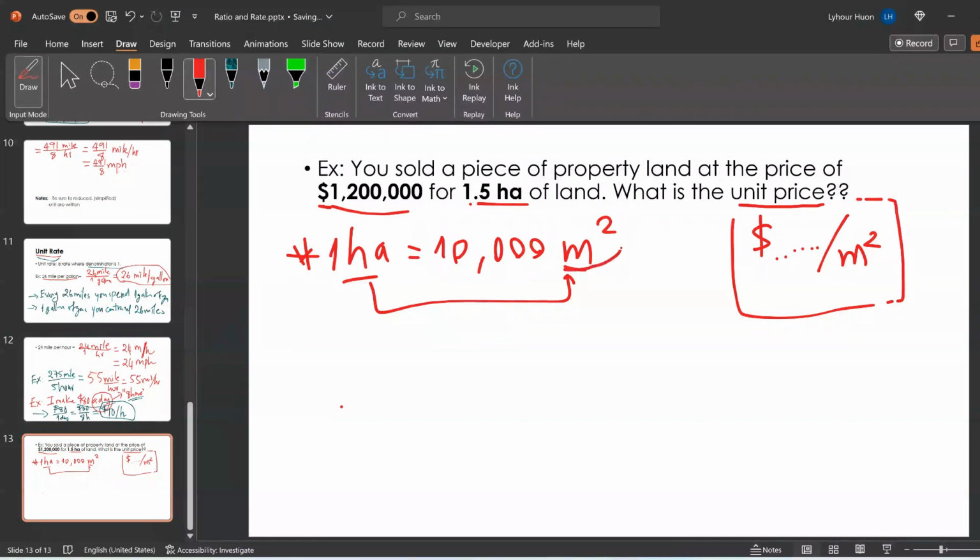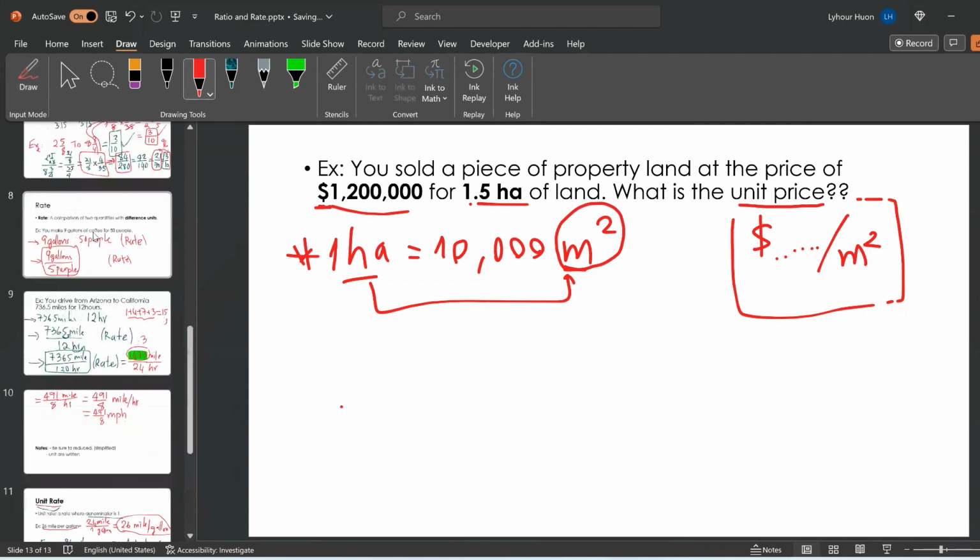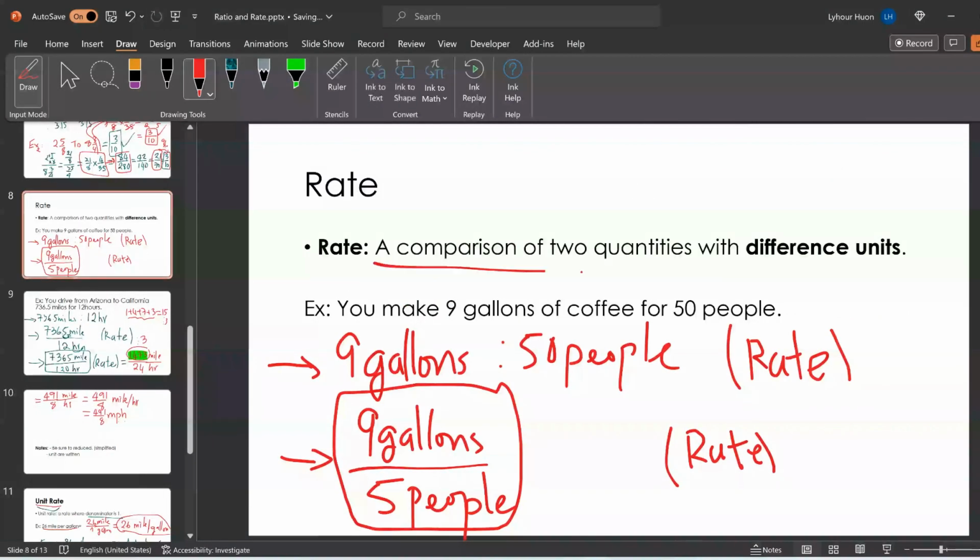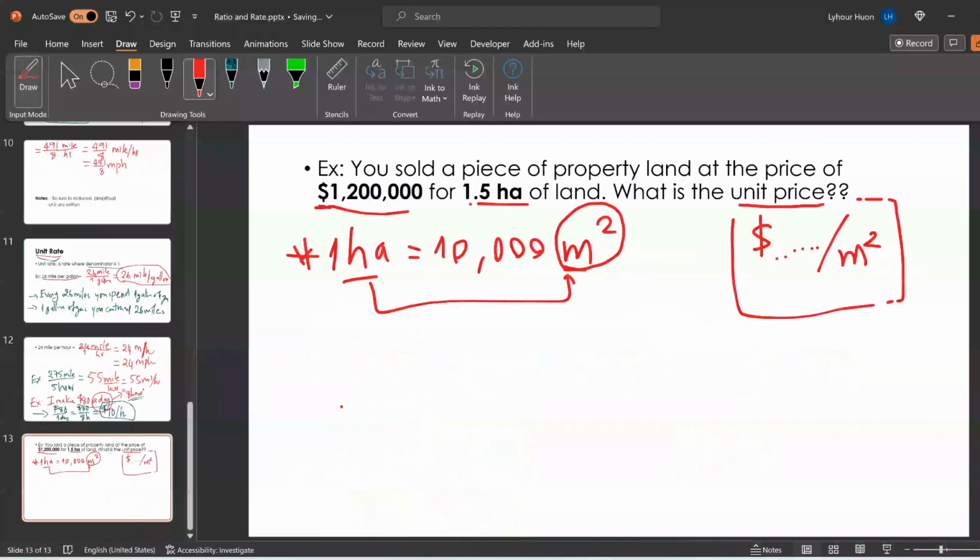The rate is the proportion of two different units. Here, it's a comparison of two different units. Now we have a unit of dollars, the currency, and the unit of area. So now we have two different units, so we need to write it as a rate.